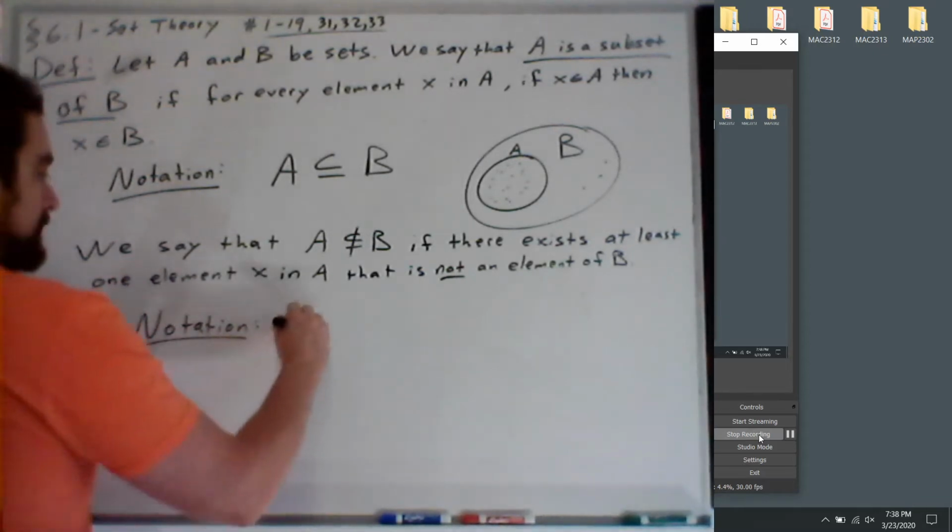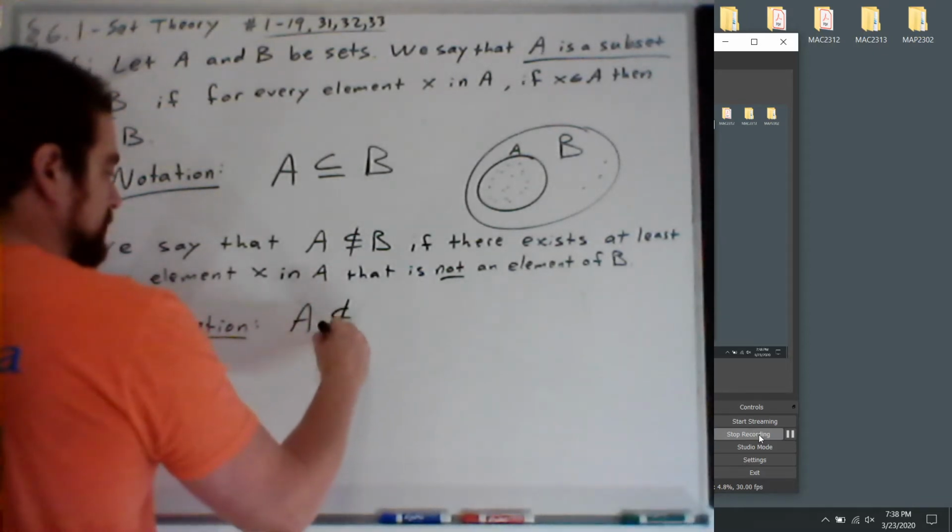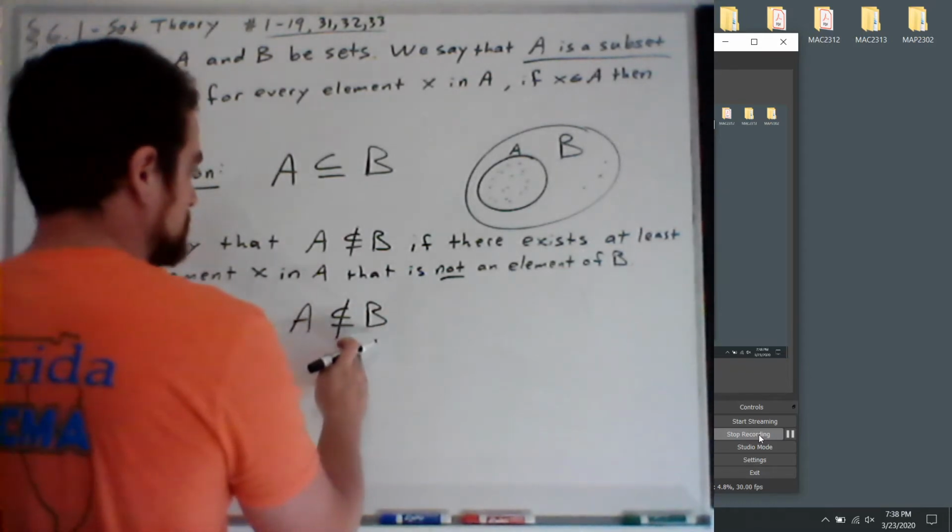Of course, we do what we normally do. We just put the slash through it. A is not a subset of B.